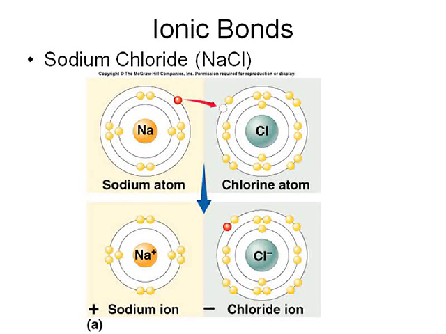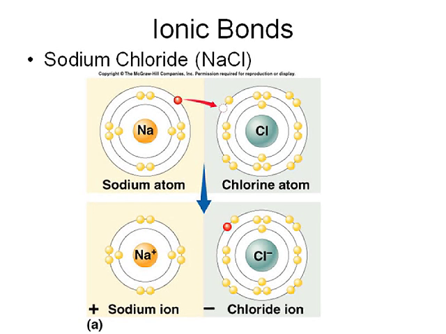Sodium only has 1 in its outer electron shell, and if it gets rid of it, then it gets to drop down to the shell below it, and that one's already got 8 in it. So if it could just get rid of 1, and chlorine could just have 1 electron, they would both get to have 8 electrons, and everyone would be happy. And that's exactly what happens.